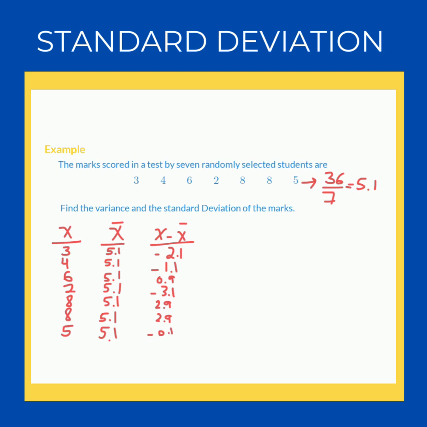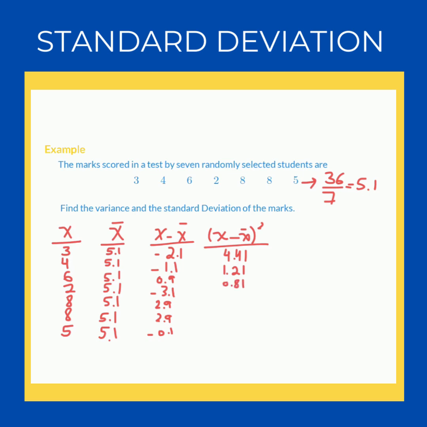Now we need to square each value. So x minus x bar squared. Negative 2.1 squared is 4.41. Negative 1.1 squared is equal to 1.21. 0.9 squared is 0.81.